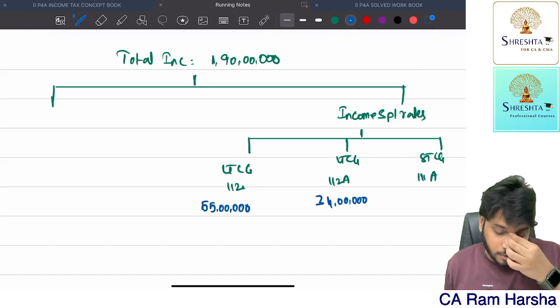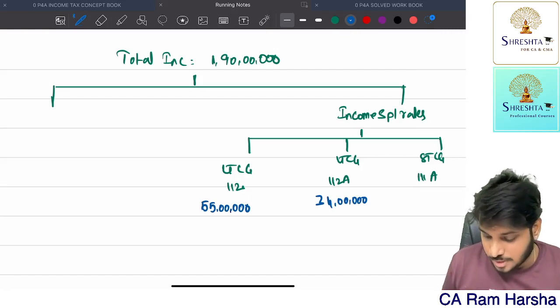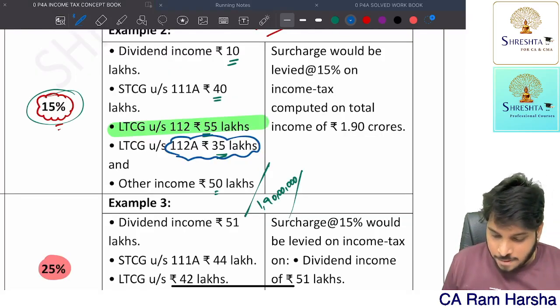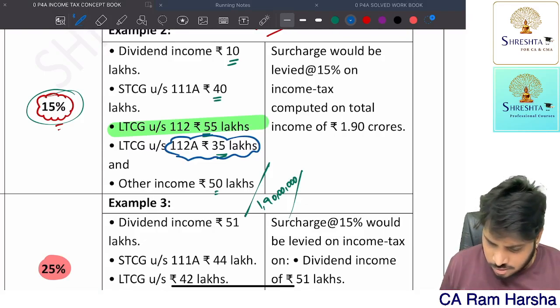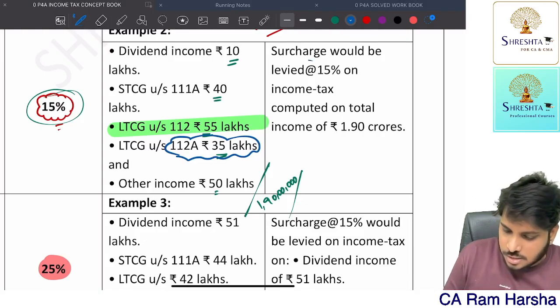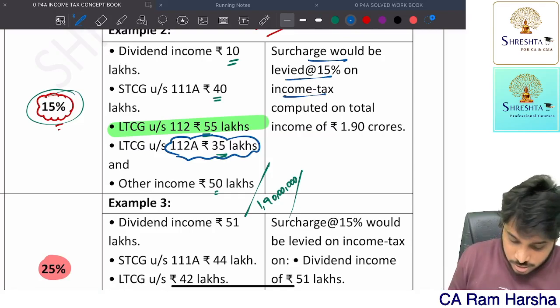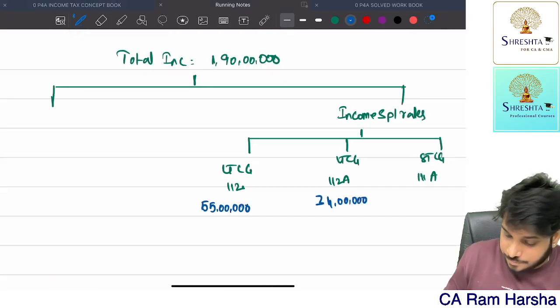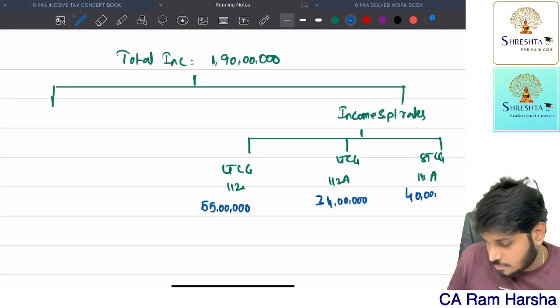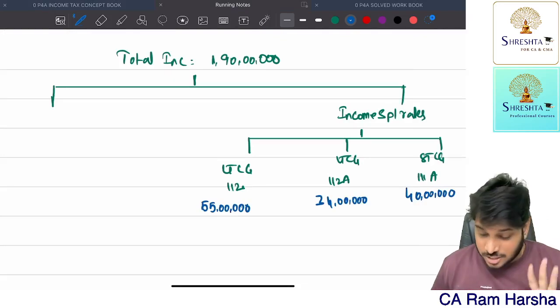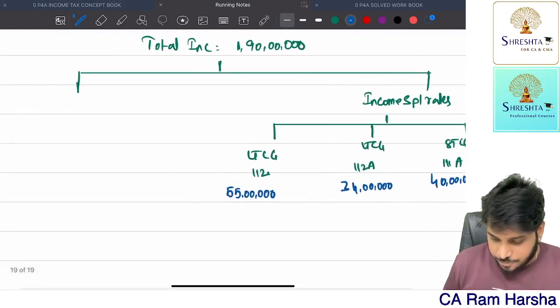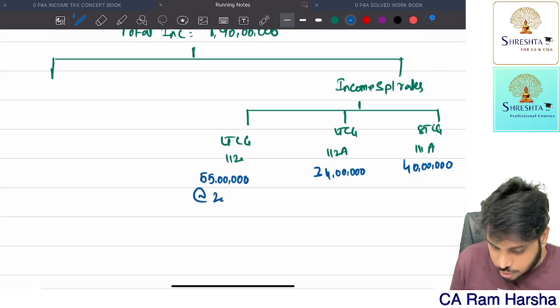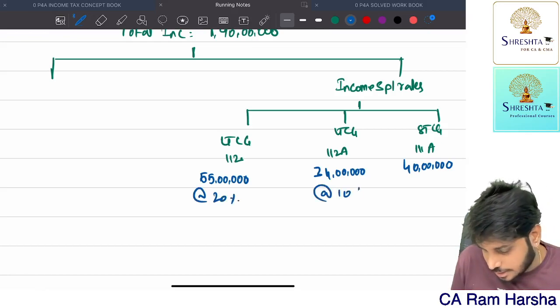Now how much is 111A? Surcharge would be levied at 15%. 111A is 40 lakhs, short-term capital gain 40. Now this is taxable at what rate? 20%. This is taxable at 10%. This is taxable at 15%.